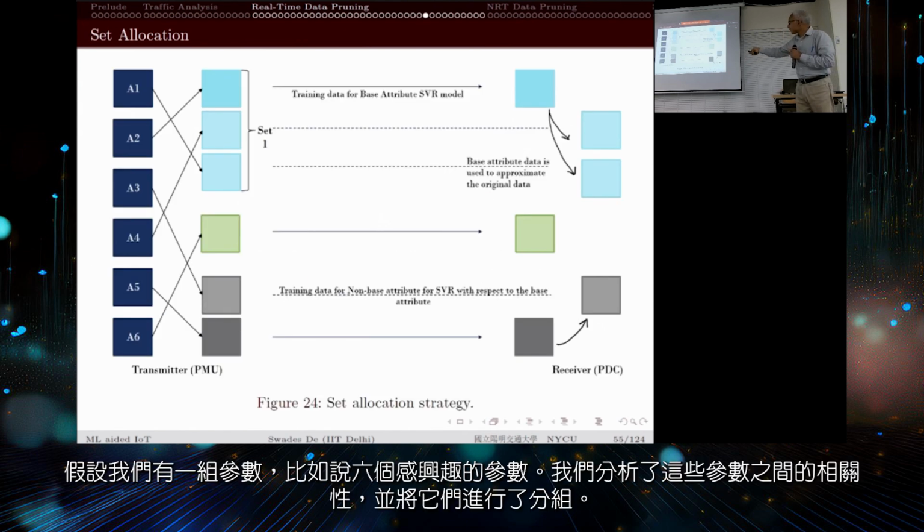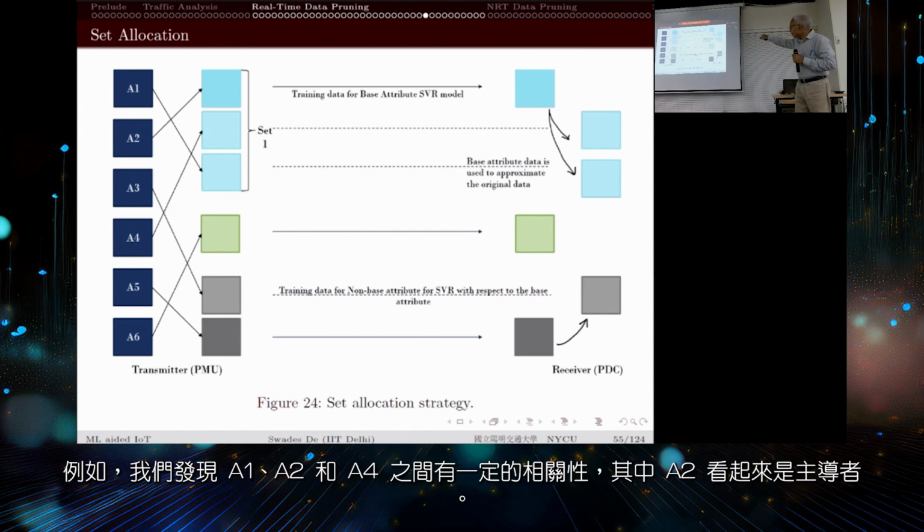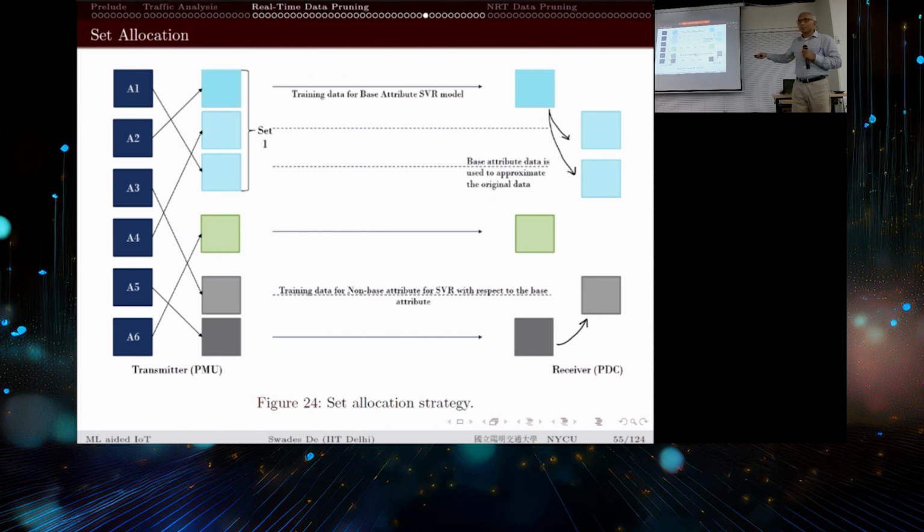So these are the set of parameters, let's say 6 parameters of interest, and we figured out which ones among them are correlated and clustered them. So we figure out, for example, that A1, A2 and A4 are somewhat correlated, and out of them A2 is kind of a leader.